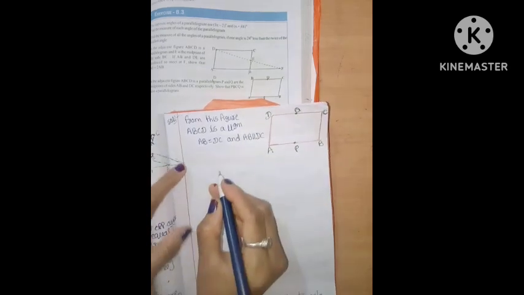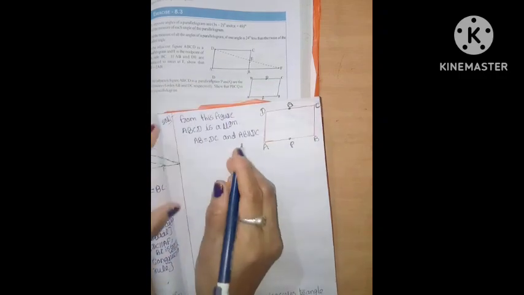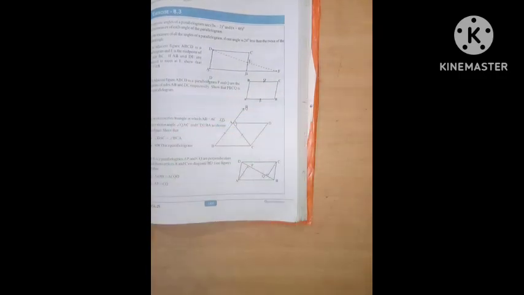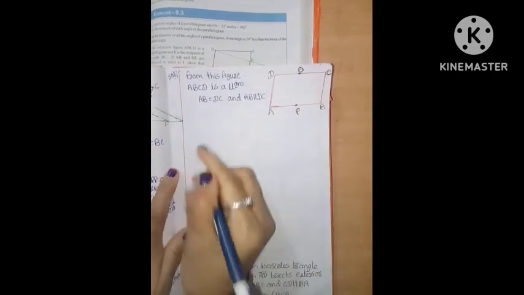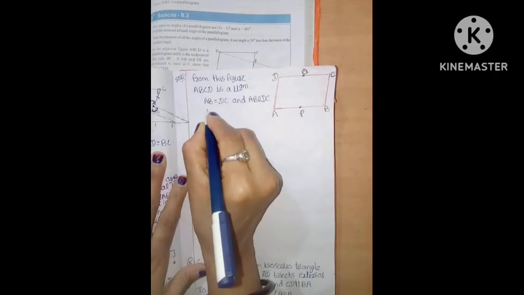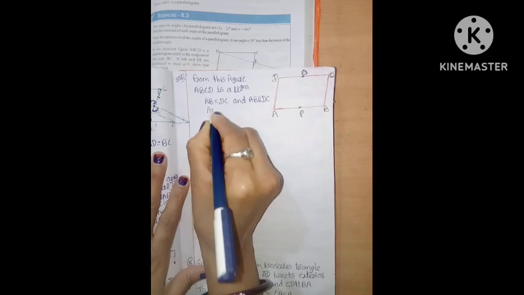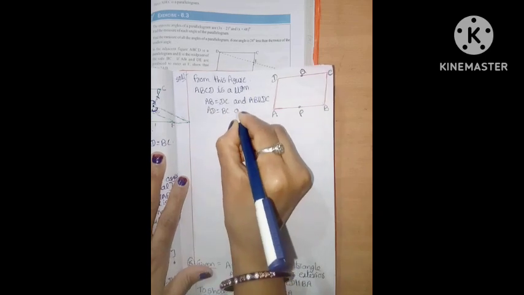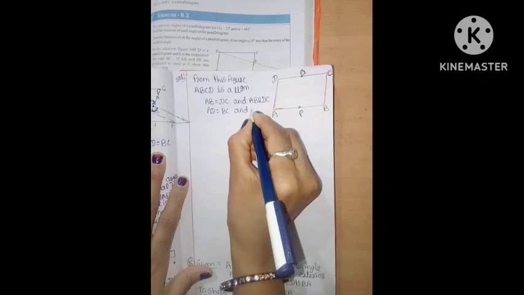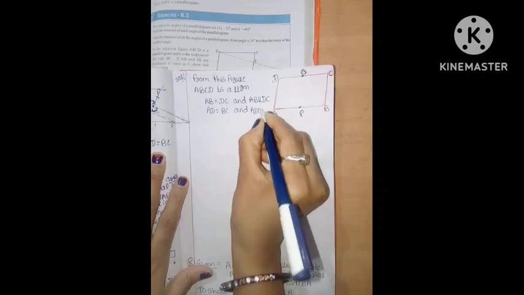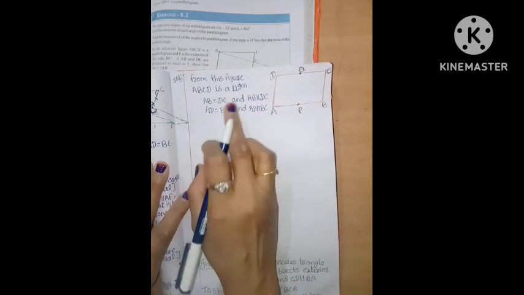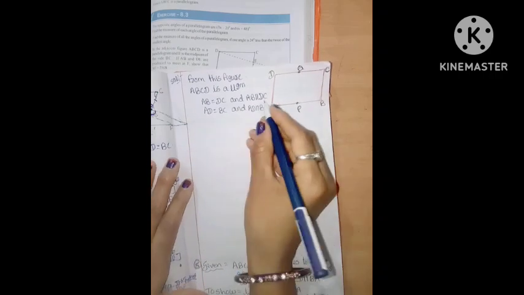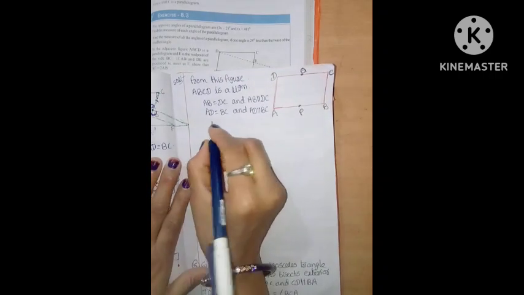Look at this notebook, Gagan Sai. Listen carefully and neatly. Next, AD is equal to BC, and AD is parallel to BC. We know these two sides are equal and parallel, because it is a parallelogram.